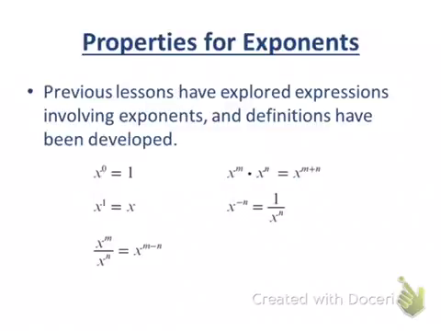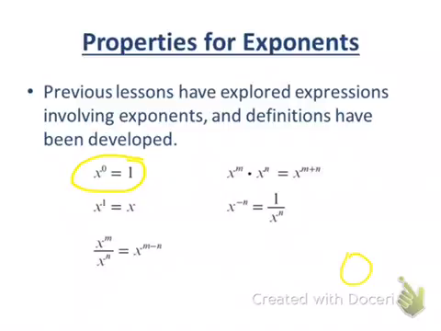So here's some things that we've picked up along the way related to exponents. Anything raised to the power of 0 is equal to 1, except for 0. 0 to the 0 is an undefined expression. It's not an expression that means anything.